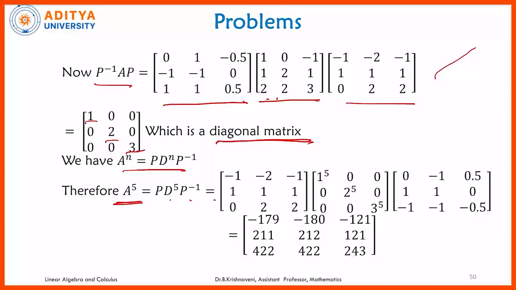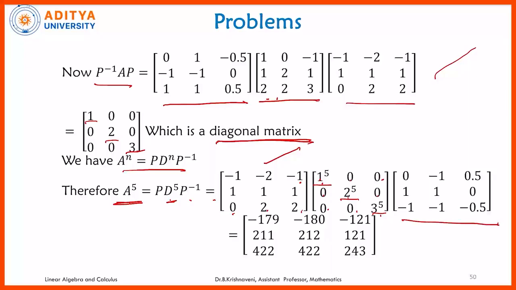Substitute the P matrix [-1, -2, -1; 1, 1, 1; 0, 2, 2] ... into D power 5. D is the diagonal matrix, and it is enough to raise the diagonal elements to the power 5, that is 1 power 5, 0, 0; 0, 2 power 5, 0; 0, 0, 3 power 5, into P inverse.